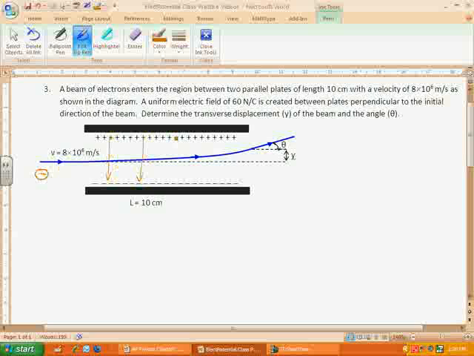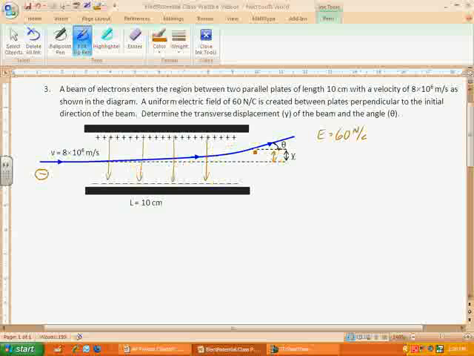Now we know the field always goes from positive to negative, and it tells us the electric field is 60 newtons per coulomb. Then it asks us to find the transverse displacement, this y distance. How far is the electron deflected? Obviously it's going to be deflected towards the positive, against the electric field, like an electron always is.